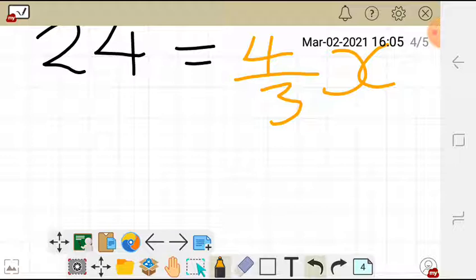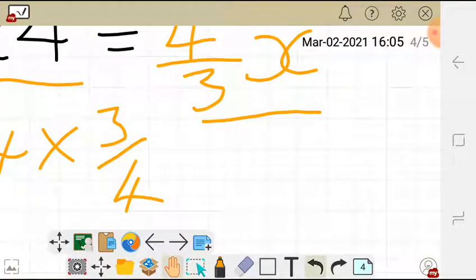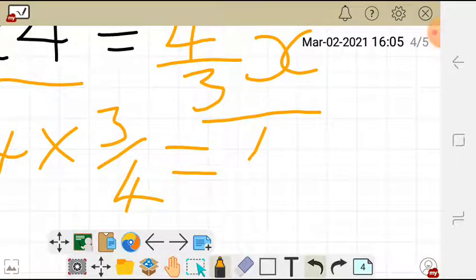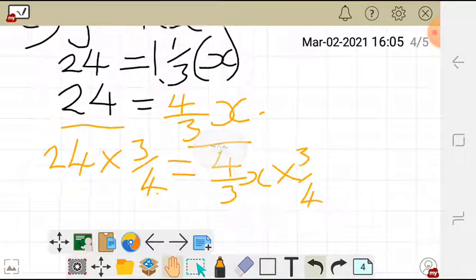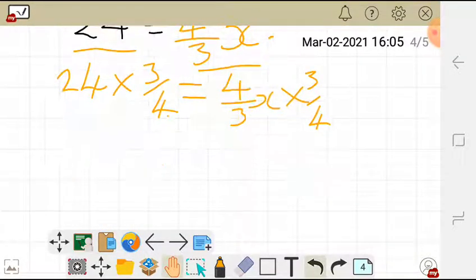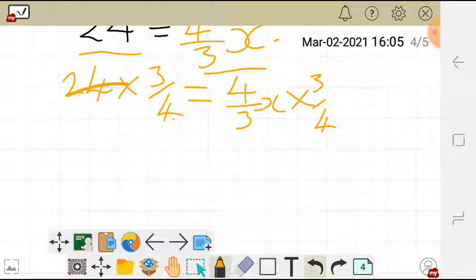What we do here is what we do at the left side. So we say 24 multiplied by 3 over 4 is equal to 4 over 3 x multiplied by 3 over 4. So 24 multiplied by 3 divided by 4.